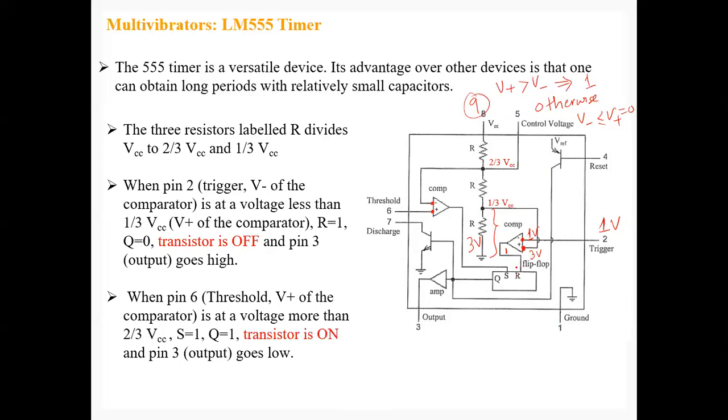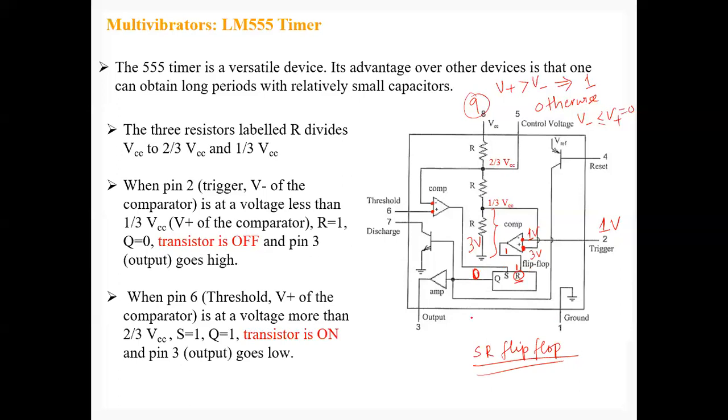Meaning your R will be 1, reset. Remember the RS flip-flop? In the RS flip-flop, when R is 1, what is the output? When R is 1, output is 0. In the RS flip-flop, reset is 1 means it resets.